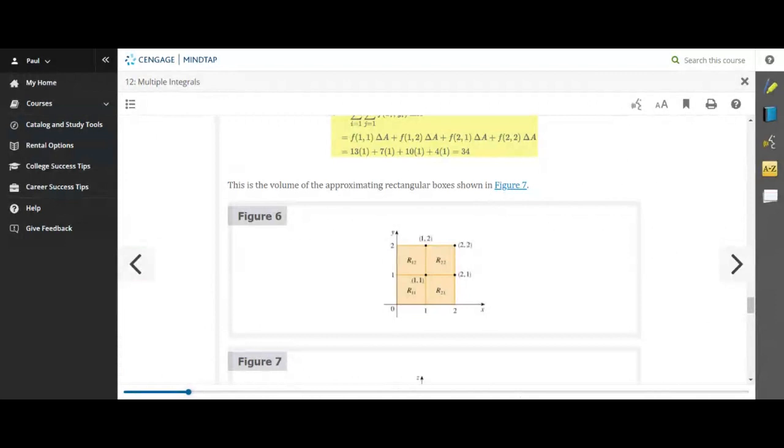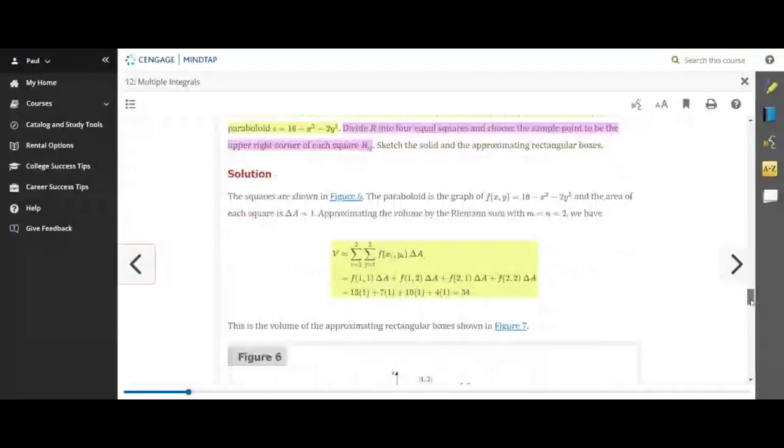This is the region. You're breaking it up into 4 subrectangles, and you're going to evaluate the function for each subrectangle at the upper right corner. So the points are 1, 1; 1, 2; 2, 1; and 2, 2.